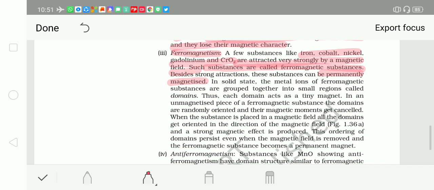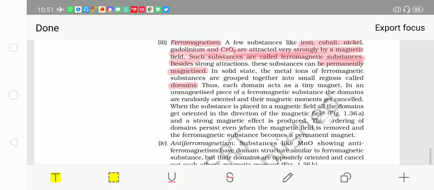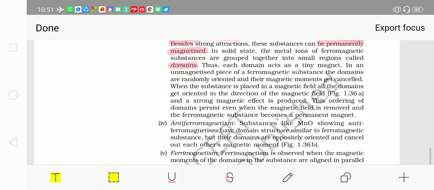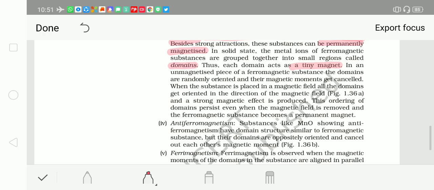Before that, you have to study about the domains. Basically the metal ions in ferromagnetic substances are collectively termed domains, and these domains act as tiny magnets. When you are not placing this material in the external magnetic field, all these tiny magnets are unmagnetized.